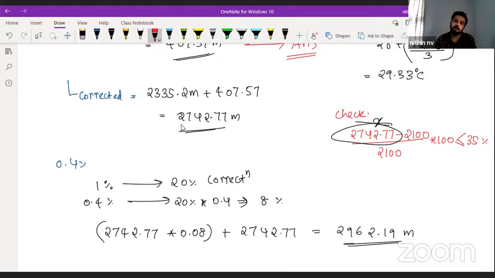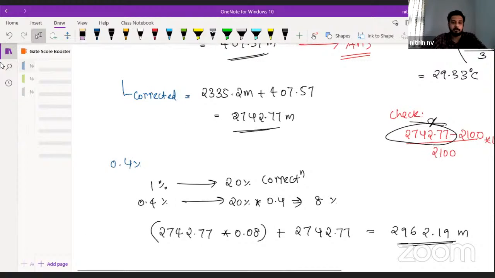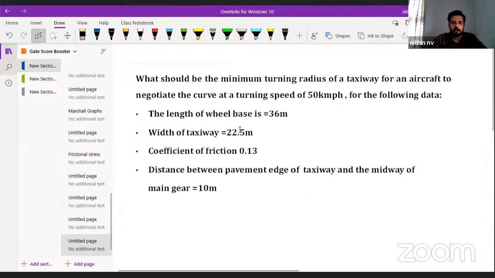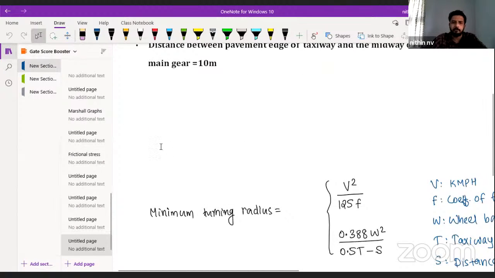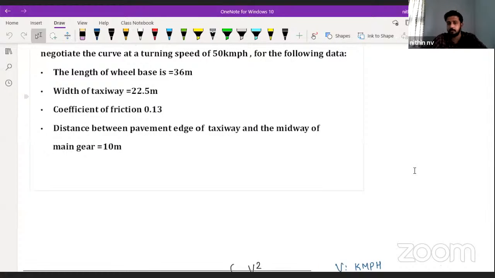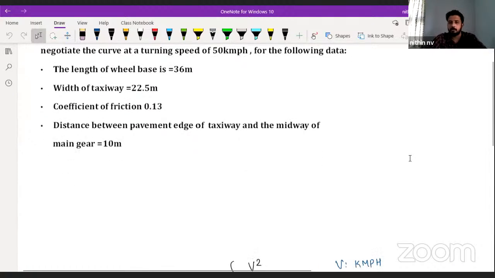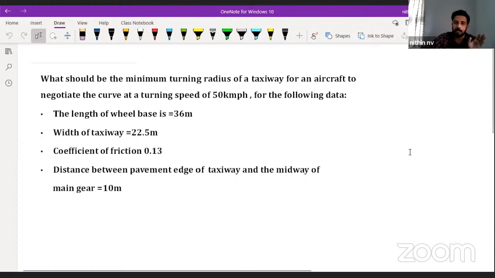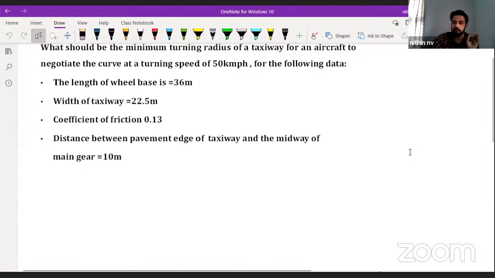So that is our final corrected length. Actually, I wanted to explain more things regarding the length of taxiway, turning radius of taxiway. You can just solve this question and comment whatever you are getting for this particular question, the turning radius of taxiway. I'm giving you the equation here.